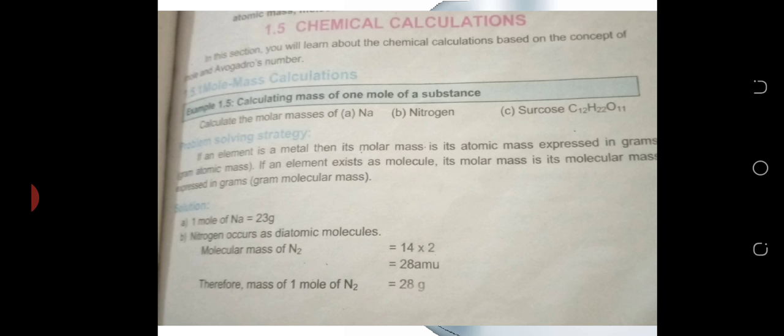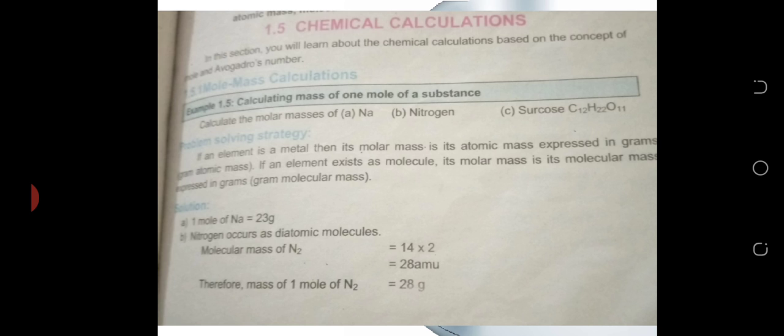Let's see example number 1.5 of your textbook on page number 21. In this example, it has been given that we have to calculate the molar masses. Molar mass means the mass of one mole of atoms in grams.